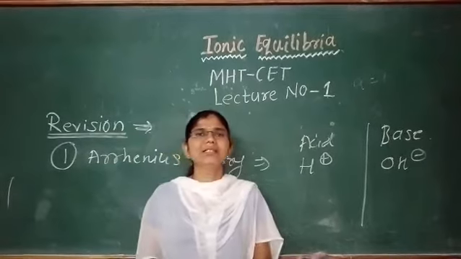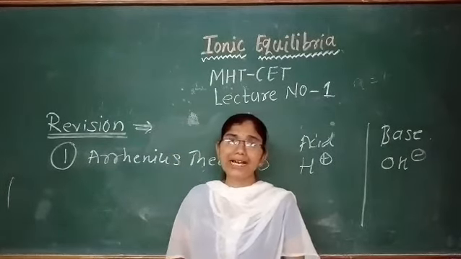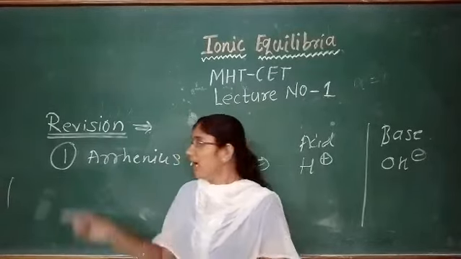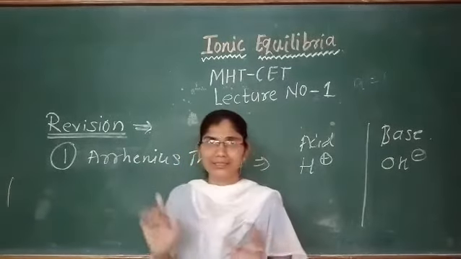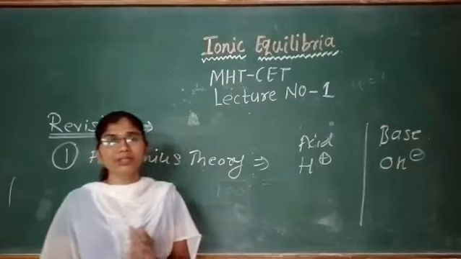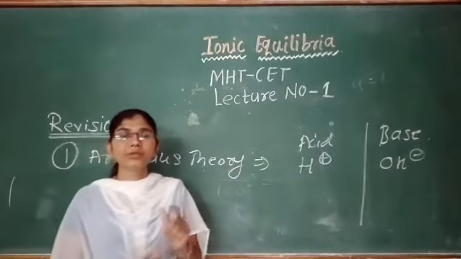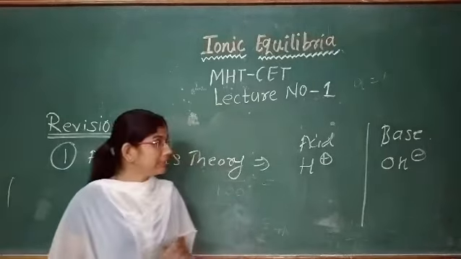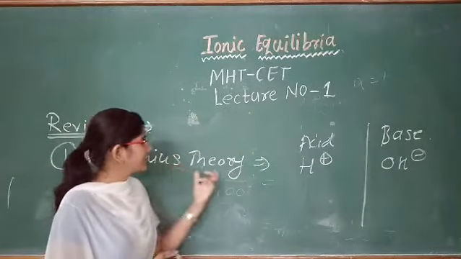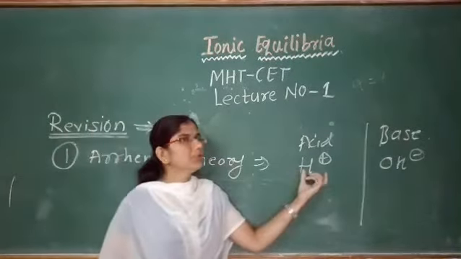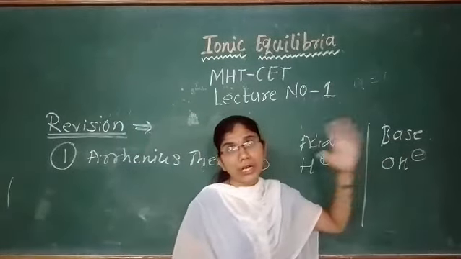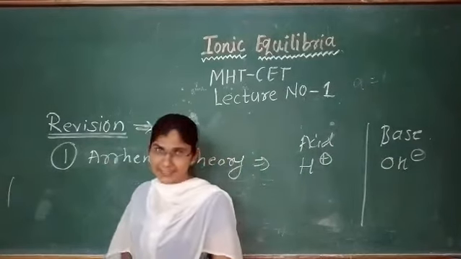So these are the definitions of acids and bases according to the Arrhenius theory. It is a very important point to remember from the MCQ point of view: according to the Arrhenius theory, an acid gives H plus ions and a base gives OH minus ions.